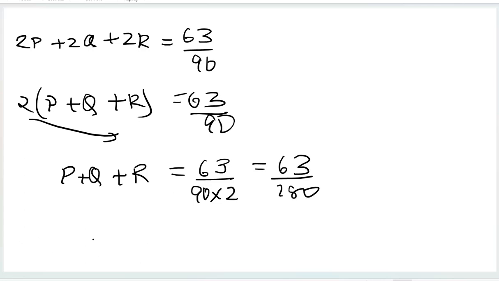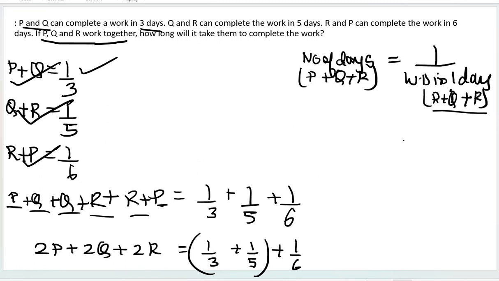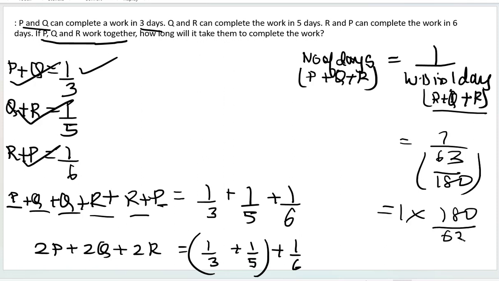So therefore I get the value for p plus q plus r as 63 upon 180. Now I insert that number here, 1 upon 63 upon 180. I take the reciprocal, 1 into 180 upon 63. Therefore the answer is 180 upon 63. With this, we come to end of problems on work and time.